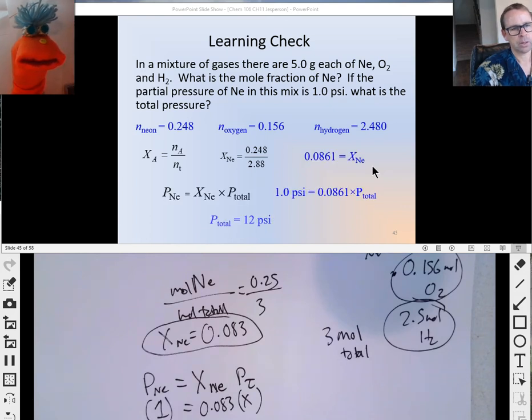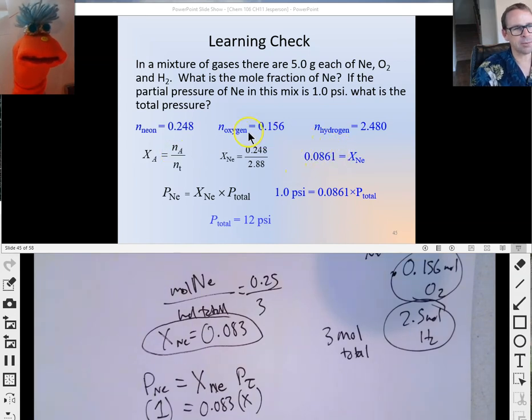Okay? So, again, we found the moles of neon, the moles of oxygen, the moles of hydrogen, added them all up. That's how many moles total there were. And we took our mole fraction of neon, 0.0861.